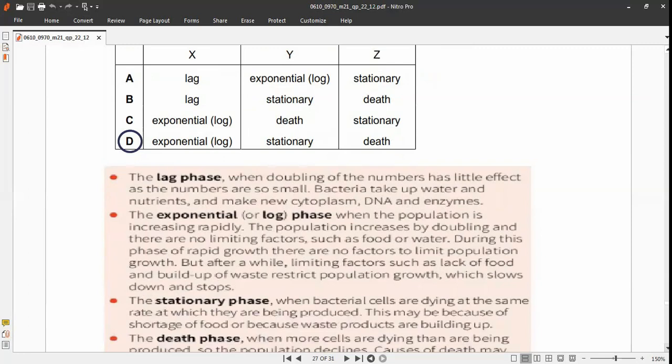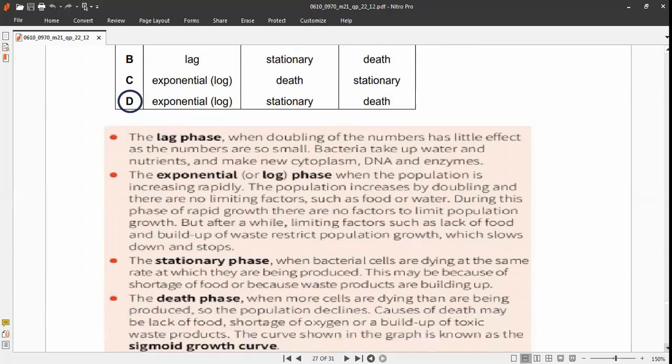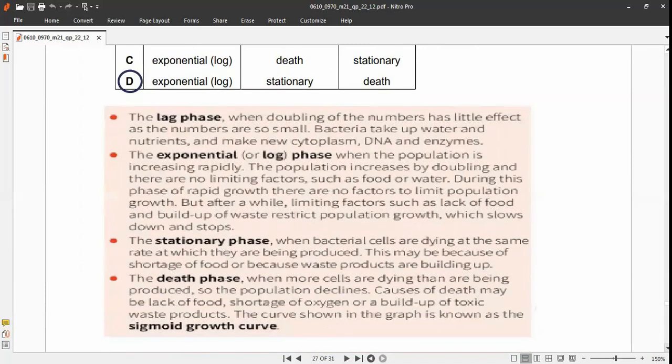The part Y is the stationary phase, when bacterial cells are dying at the same rate at which they are being produced. This may be because of shortage of food or because waste products are building up. The death phase is when more cells are dying than are being produced, so the population declines.